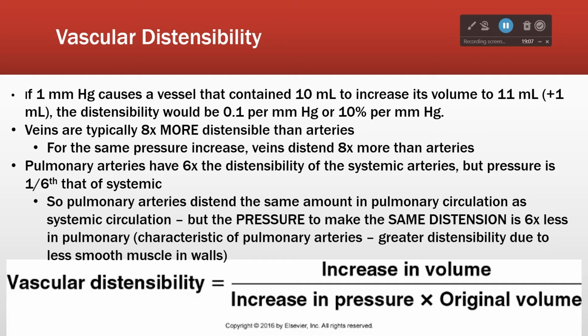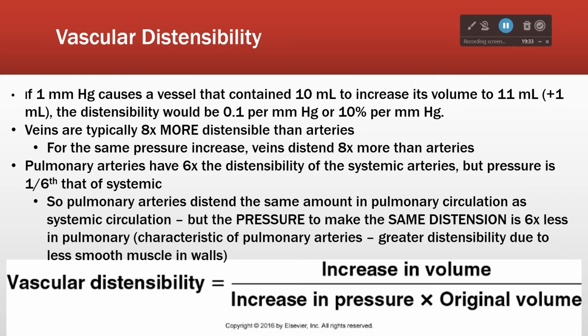Another is between the pulmonary and systemic arteries. The pulmonary arteries are much more distensible than the systemic arteries are. But the pressure in the pulmonary system is also about 1/6 that of the systemic system, which means if you're doing the physics math there, it's kind of a wash, right?